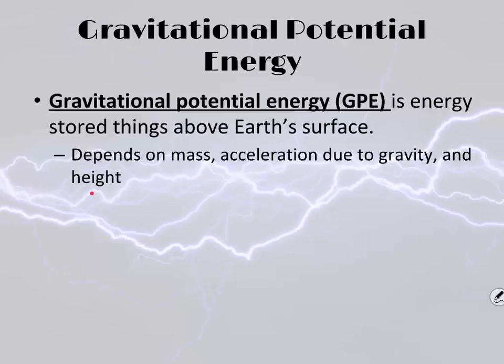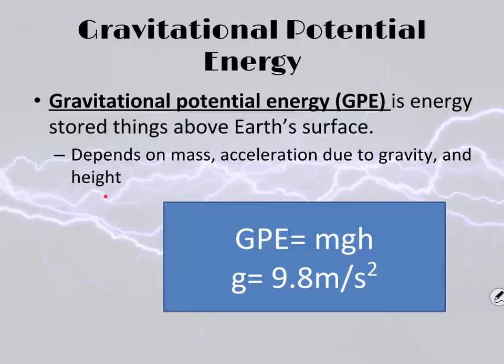The more massive your object is and the farther you are off the ground, the more potential energy your object has. We calculate that with this equation: potential energy equals m, mass, times g, which is 9.8, times h, the height. So mass times gravity times height.